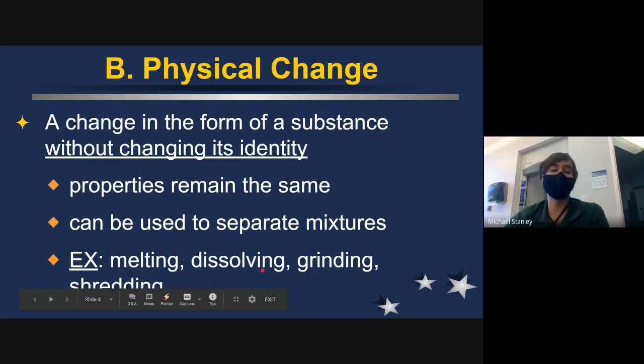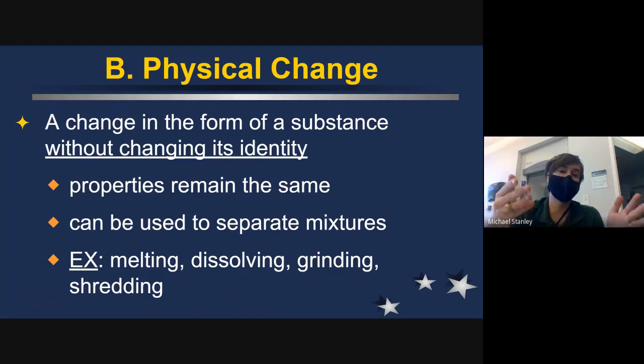Dissolving is another cool example of a physical change. So if you have some tea and you want to turn it into sweet tea, you've got to put a lot of sugar in it, right? Well, when you stir it up and that sugar disappears, that sugar is still there, because when you drink that tea, it's going to taste sweet, right? You can taste the sugar in your drink.